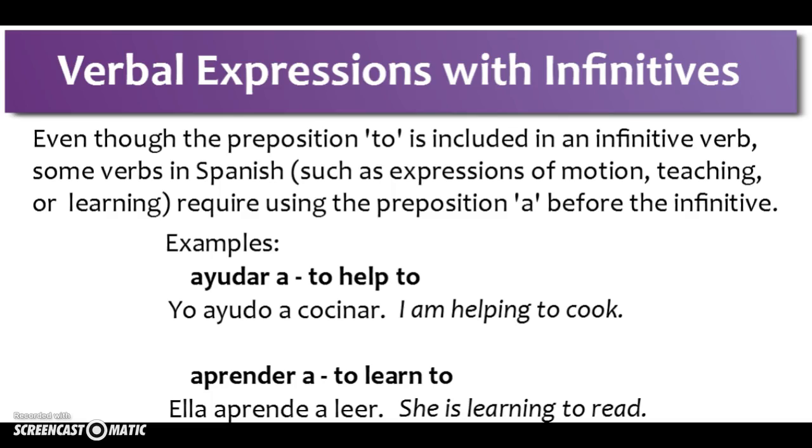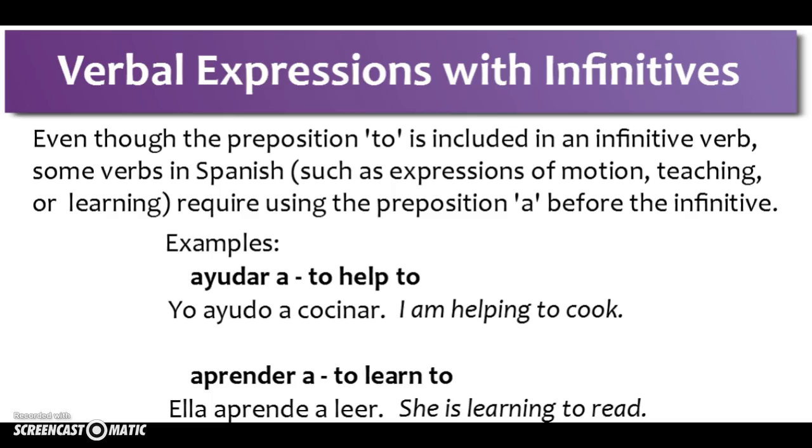Our main ones are expressions of teaching to do something, learning to, helping to, or our expressions with ir of going to. The preposition a goes in between the conjugated verb and the infinitive verb that will come next.